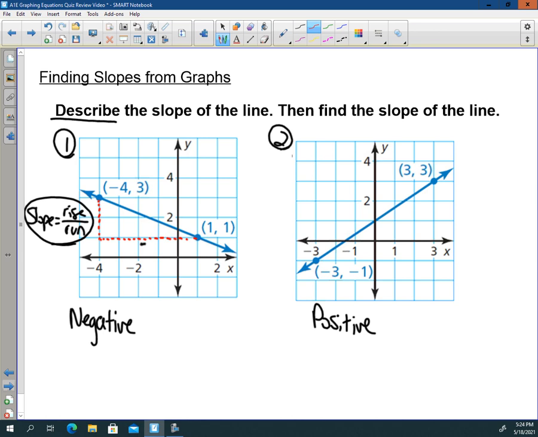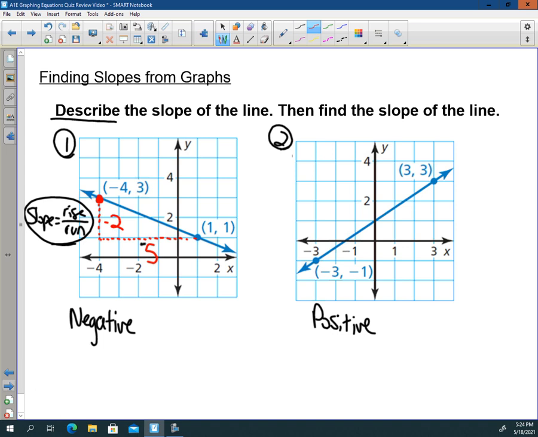So it's really just a matter of counting and noticing which direction you're going in. When I'm starting at negative 4, 3, and I want to count how many spaces this line goes down to that other point, I'm counting down 1, 2. And since I'm going down, I call it a negative 2. And then I have to go to the right, or the positive direction, 1, 2, 3, 4, 5 places.